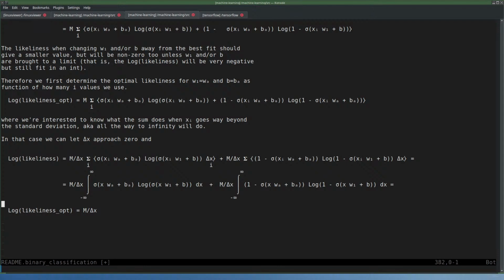Let's do that first. No, let's first, okay. Let's just call it optimal likeliness and then ignore even that we take the log of it.